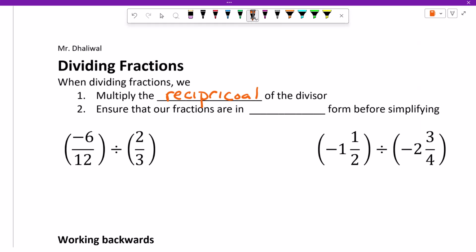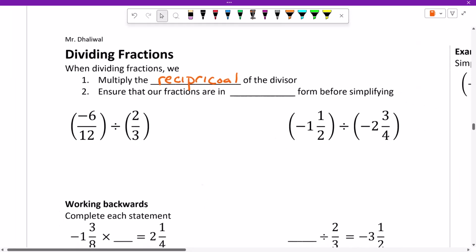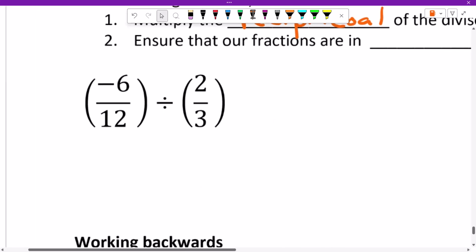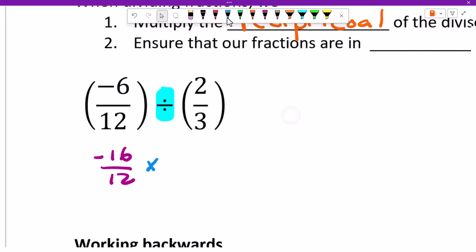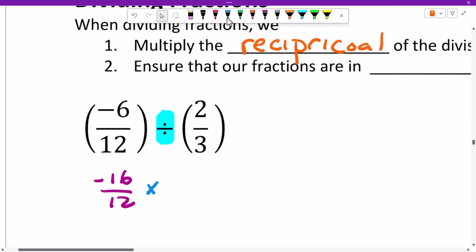So we take this, and we're not going to divide these fractions. We're going to keep the first fraction the same, and turn that division into a multiplication. You put 16 instead of 6. Oh, 16, thank you.